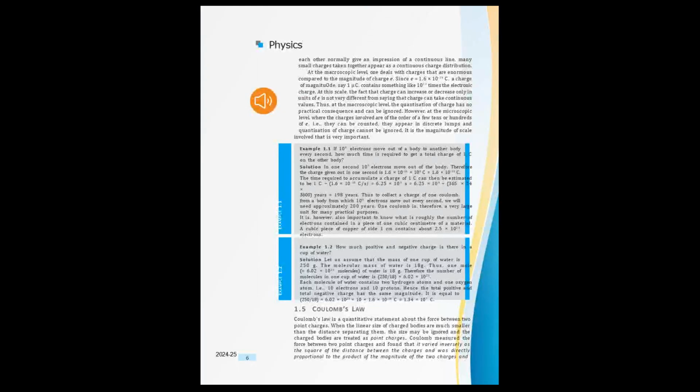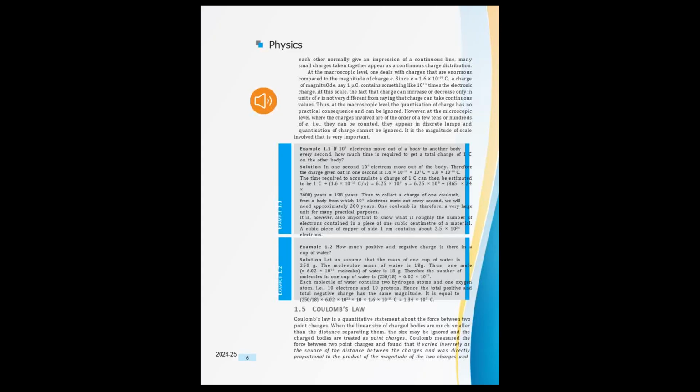At the macroscopic level, one deals with charges that are enormous compared to the magnitude of charge e. Since e is equal to 1.6 × 10^−19 coulomb, a charge of magnitude, say, 1 microcoulomb contains something like 10^13 times the electronic charge. At this scale, the fact that charge can increase or decrease only in units of e is not very different from saying that charge can take continuous values.